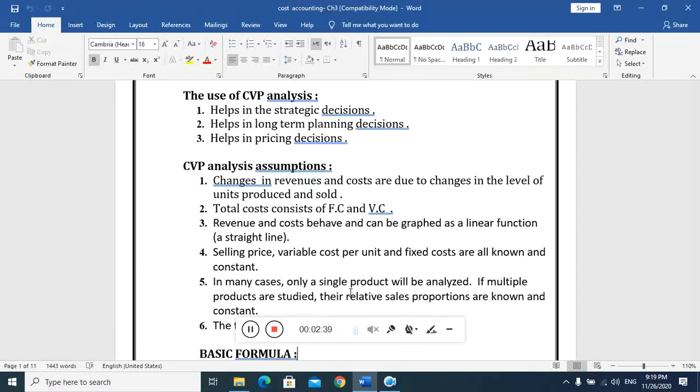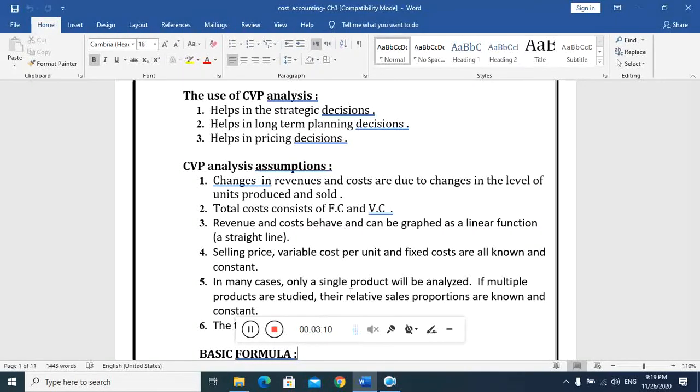Number two, total costs consist of two main types: fixed costs and variable costs only. There is no existence of mixed cost here. So under CVP analysis, we have two main types of costs, which are fixed costs and variable costs.